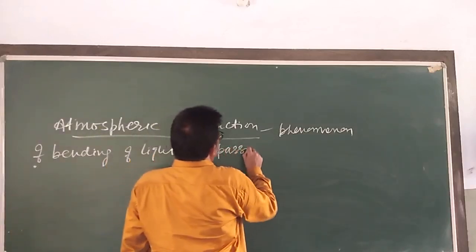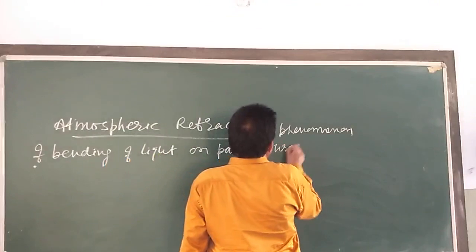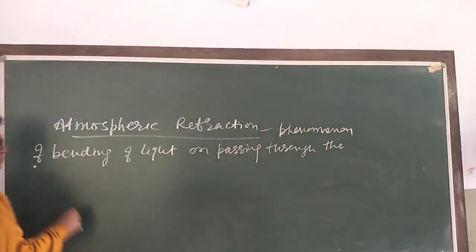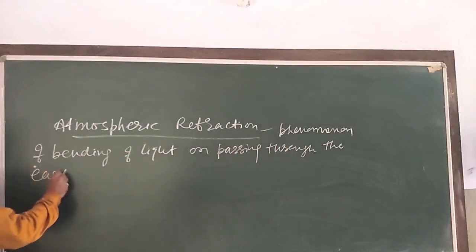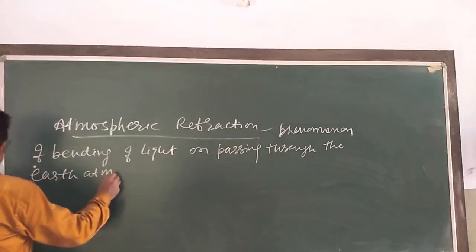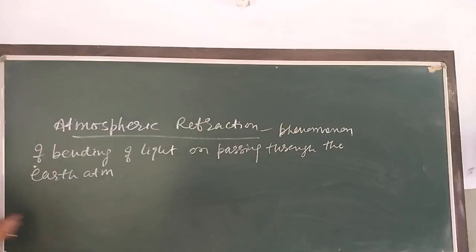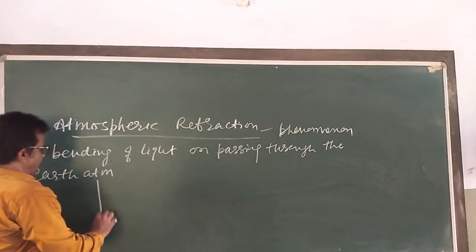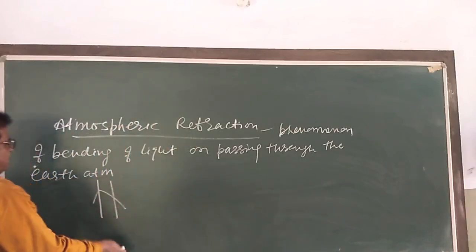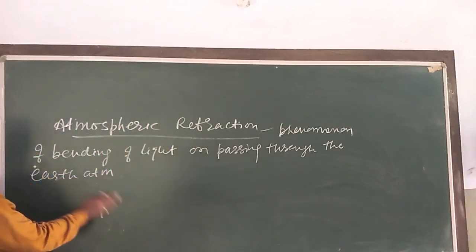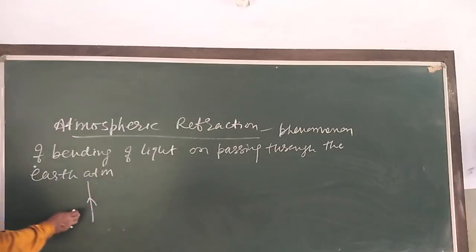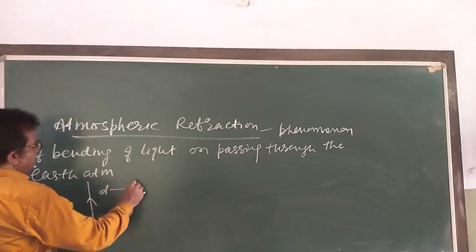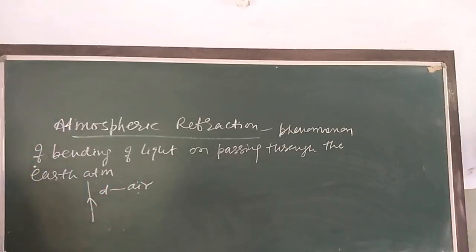On passing through the earth's atmosphere, as we move above the surface of the earth, the density of air goes on decreasing.